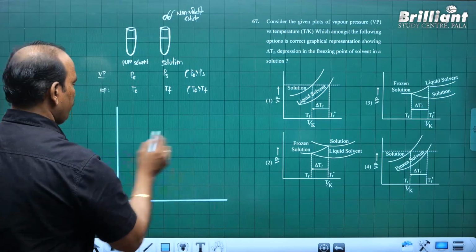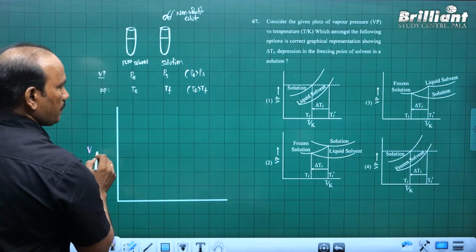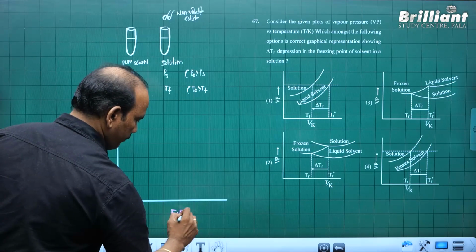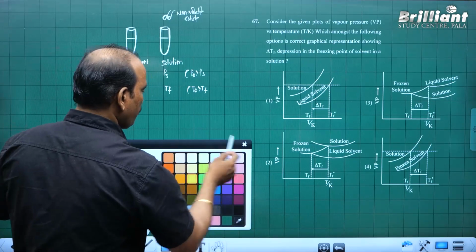This is vapor pressure, this is freezing point, and here is the frozen area.